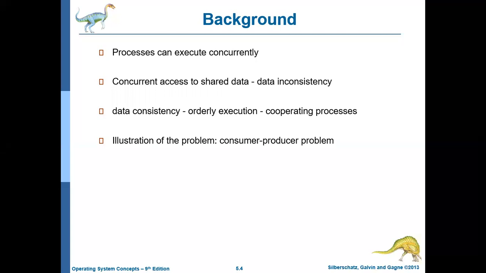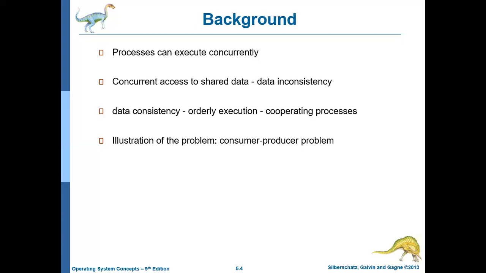Because if they are not synchronized, and if they are executing concurrently and sharing a common data item, then it will lead to a problem called data inconsistency. To ensure data consistency, these processes should execute in an orderly way. If they execute in an orderly way, then the processes are said to be synchronized.